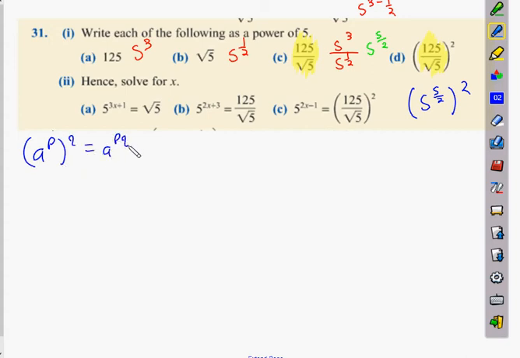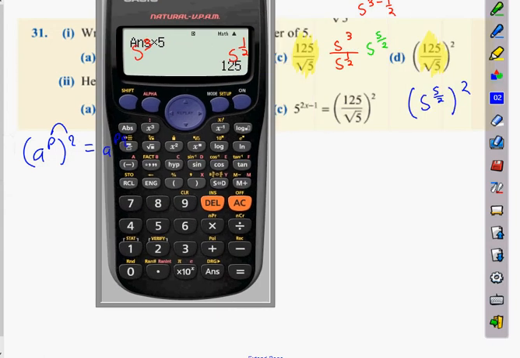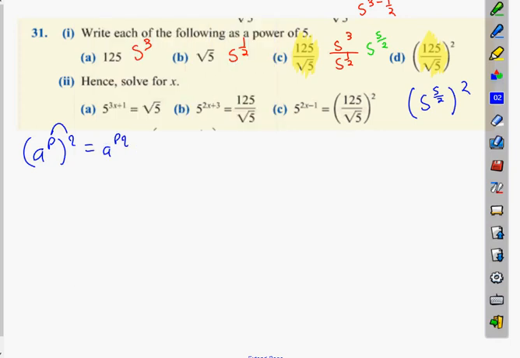What I want you to do is multiply the two powers by each other. So I'm going to get 5 over 2 multiplied by 2. It's going to end up to be 5. So this answer here is going to be 5 to the power of 5.